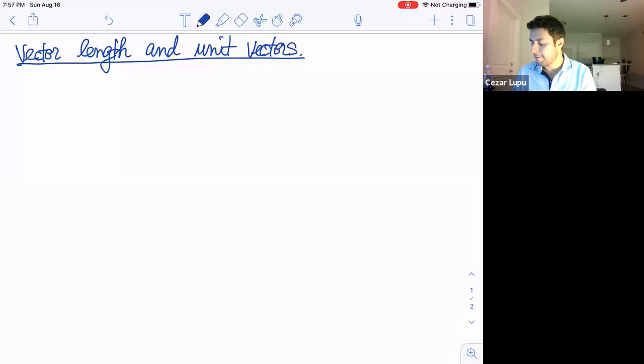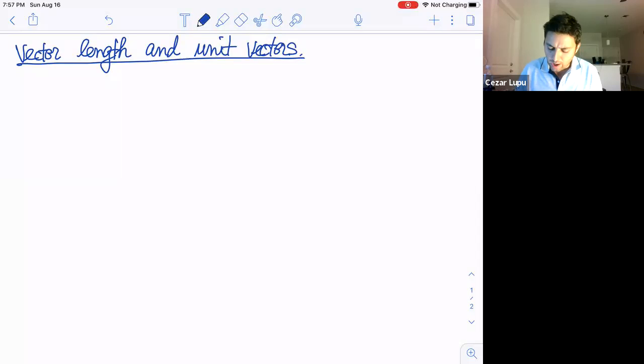This will be the 7th chapter. Usually in some books it's done before eigenvalues and eigenvectors, but I prefer to do it afterwards. The main goal here is to talk about the Gram-Schmidt orthogonality procedure, but anyway, we'll get there. First, let's talk about vector length and unit vectors.